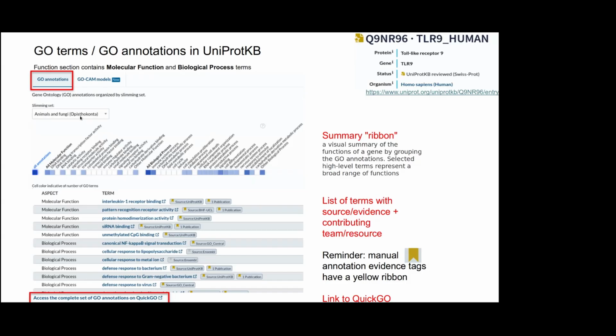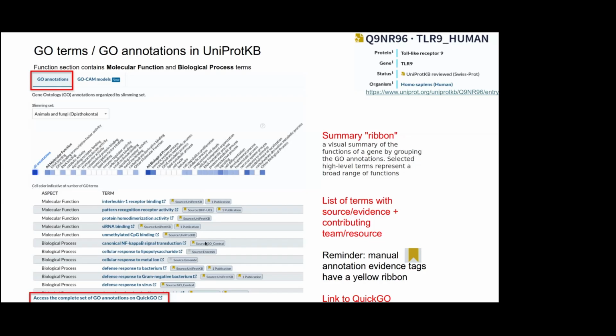There are various versions of such ribbons depending on the taxonomy of the origin of a protein, and the UniProt entry view will automatically select the most suitable ones. For example, here we are in human, so it has selected animals and fungi. If we are in bacteria or in plant, it will suggest another type of ribbon with other terms that have been selected as representatives.